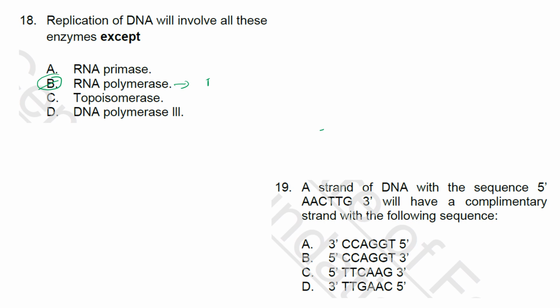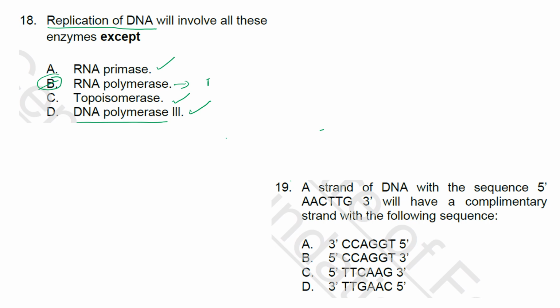All the other enzymes are required during DNA replication, which is primase, to produce primer, topoisomerase to reduce the strain ahead of the replication fork, and then DNA polymerase 3 to add DNA nucleotide according to the sequence on the DNA template.